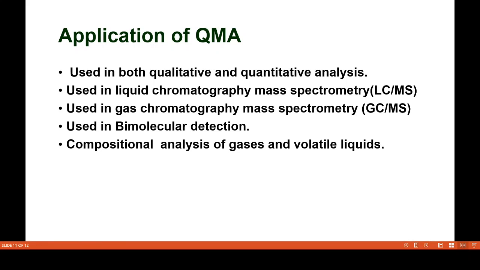Such a composition, isobutane, propane, hydrocarbons, can be detected by using this quadrupole mass analyzer. Hence it is used in compositional analysis of gases as well as volatile liquids. It is mainly used in residual gas analysis. So these are the applications.